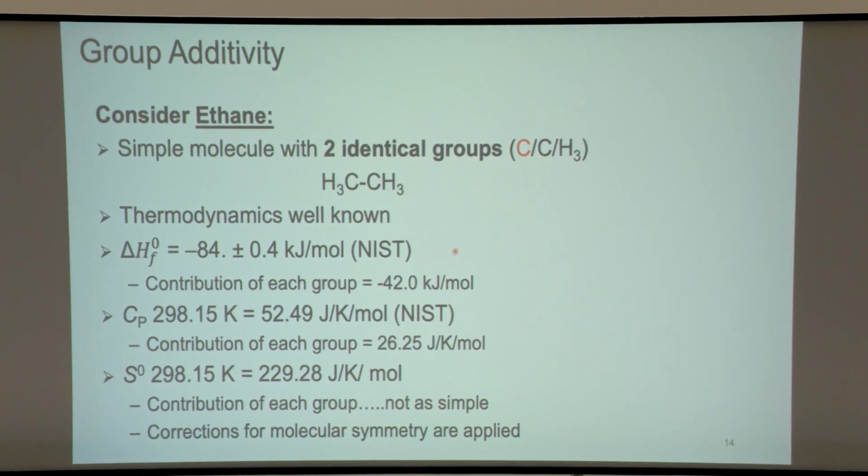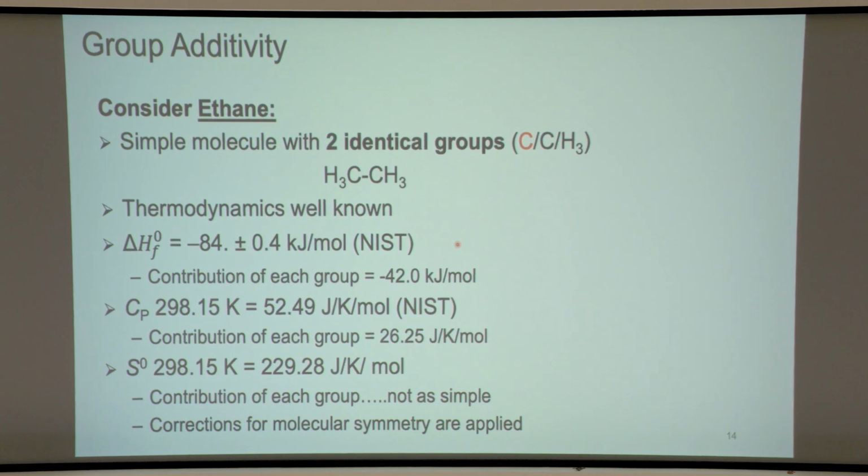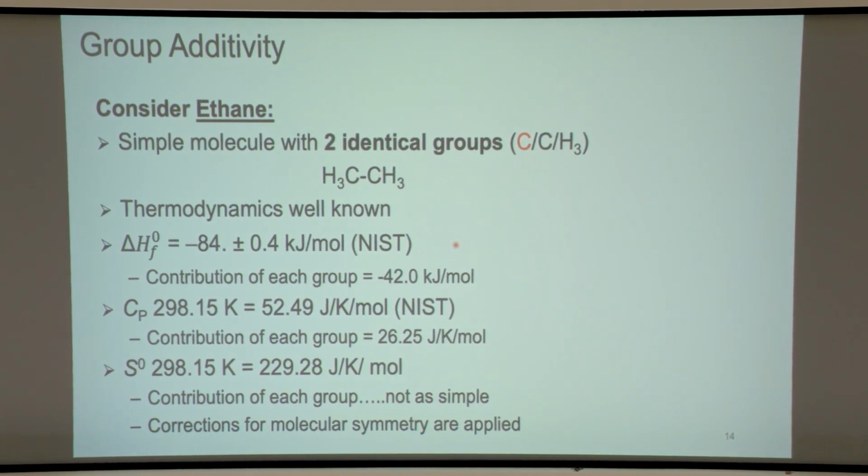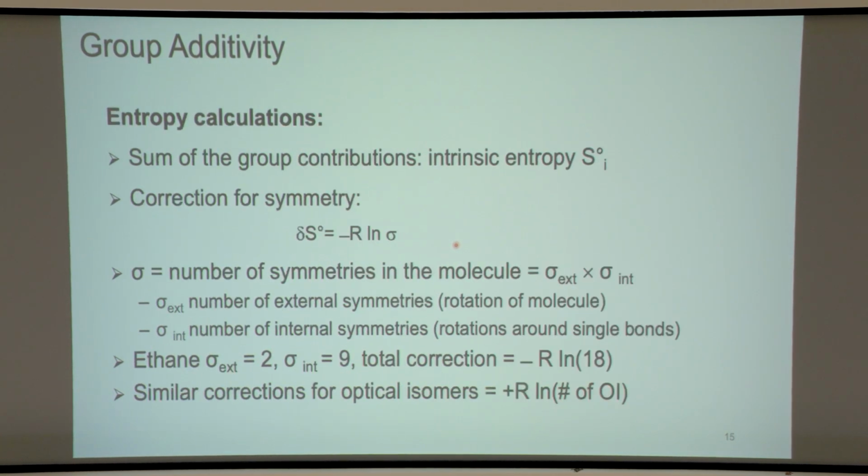Very straightforward. Now, for entropy, it wasn't so straightforward because you have to consider things like the symmetry. So you have to make some corrections when you want to calculate the symmetry of the molecule and the optical isomers that are present, because entropy is about disorder in the molecule, right?